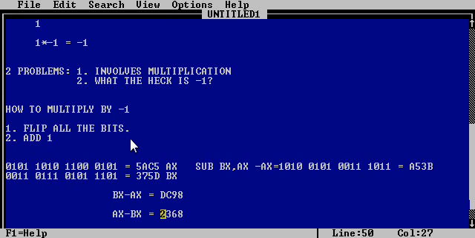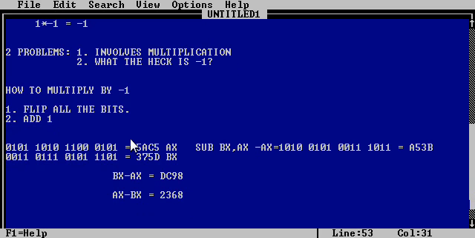Now, in theory, if we flip all the bits of this and add 1, we should get this number. Let's see if it works. 2, 3, 6, 6, 4, and 2 is 6, and 8 is 8.